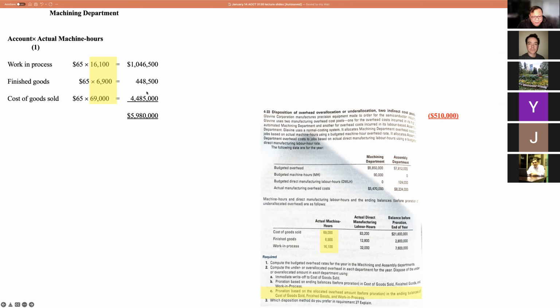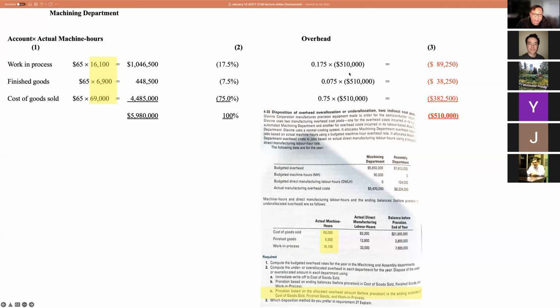And so based on this balance, you calculate the percentage. And with the same idea, you figured out how to allocate the 510,000 among the three accounts. Are we clear with this? So compared to number 2, the second approach, the third approach is just a different way to determine the proportion.